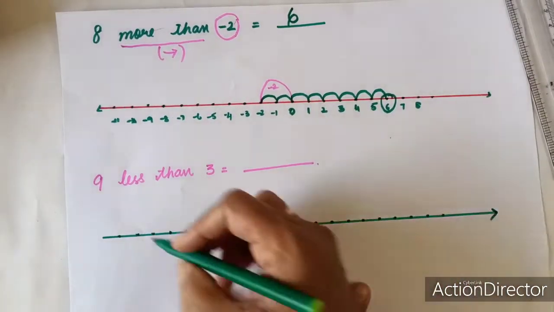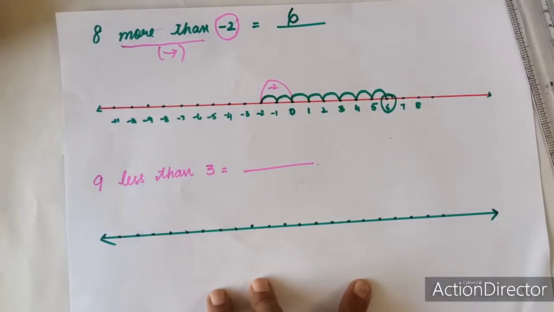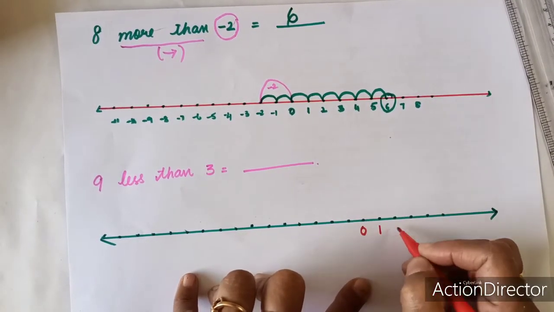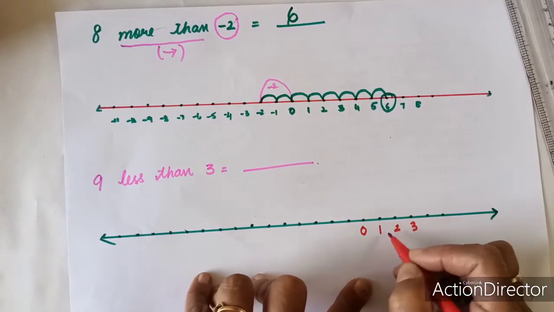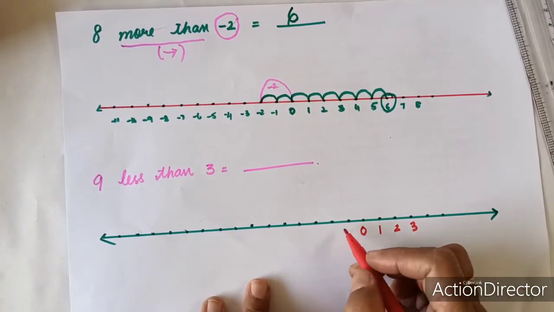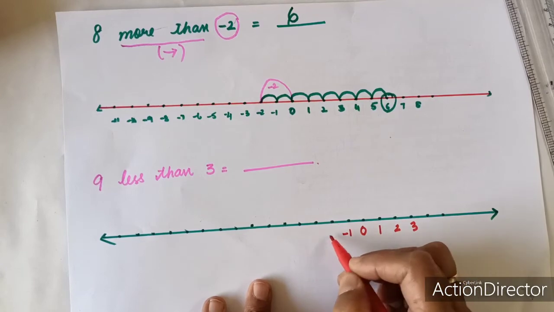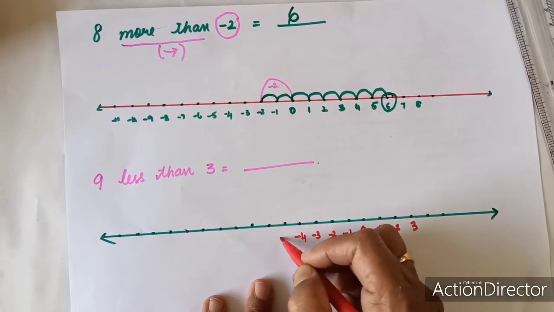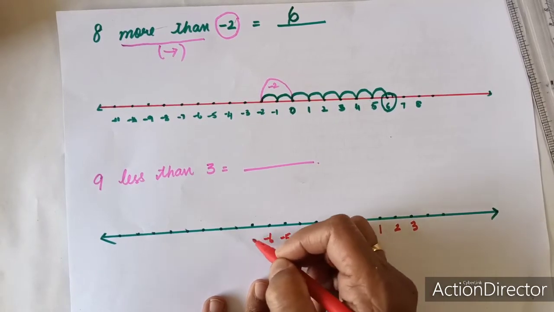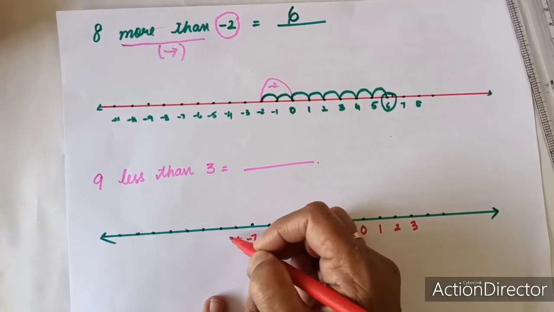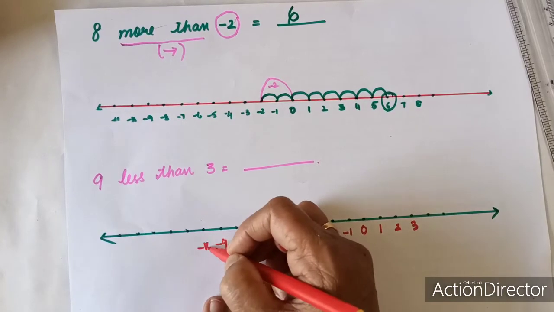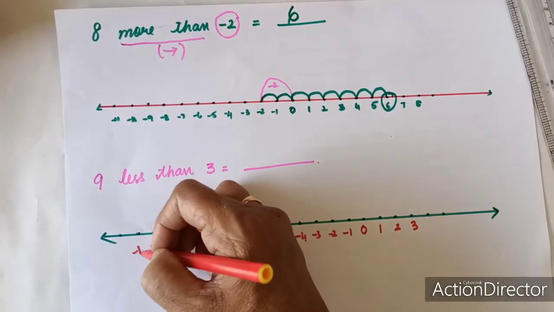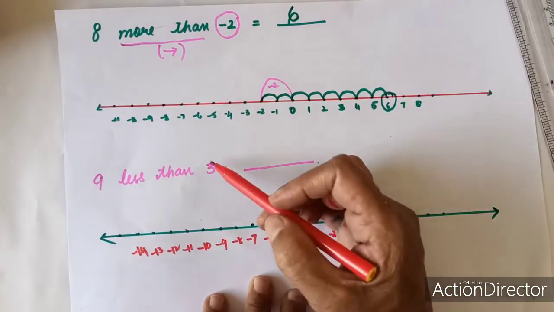Put the arrow, since it is a line, over here and mark 0. So, 1, 2, 3, these are positive numbers, and before 0 they are all negative numbers. So, minus 1, minus 2, minus 3, minus 4, minus 5, minus 6, minus 7, minus 8, 9. However many numbers you want, you can mark it. Minus 13, minus 14.